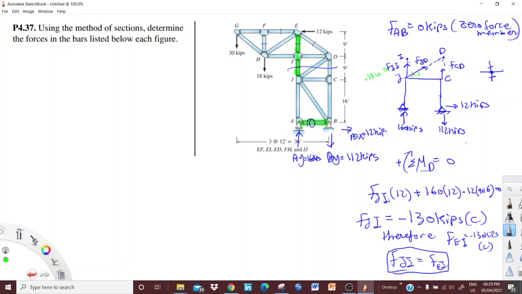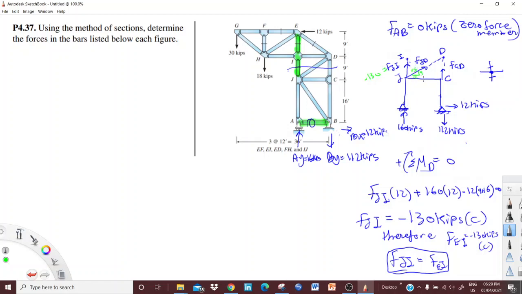So if you have here FGD, the horizontal length of the GD member is 12, and the vertical length of the GD member is 9. So the square root of 9 squared plus 12 squared is going to be equal to 15.